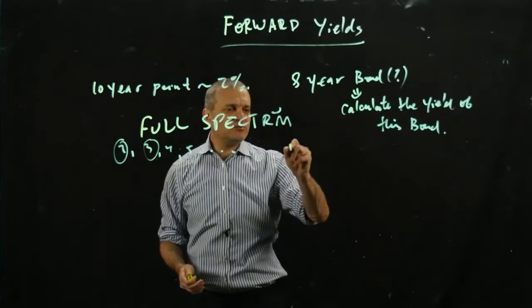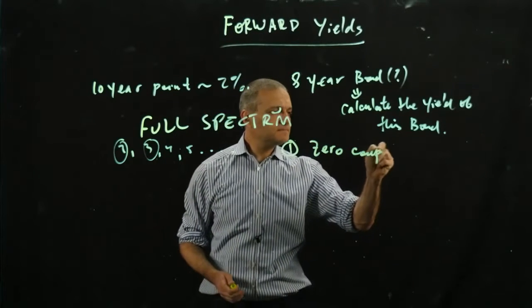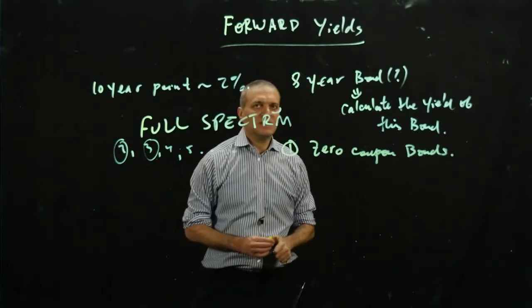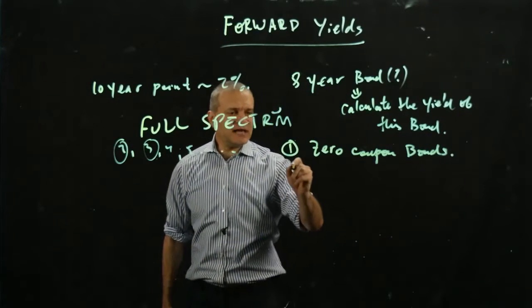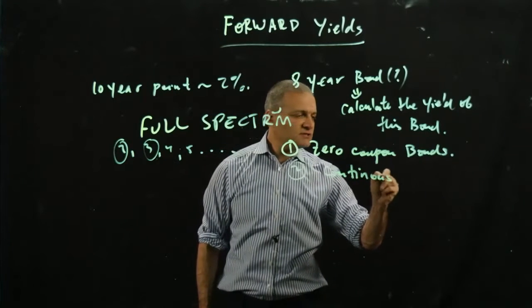First we assume that we are in the situation of zero coupon bonds. Second, we assume that we have continuous compounding interest.